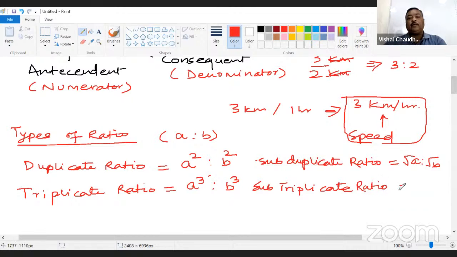And what is subtriplicate ratio? It is cube root of A is to cube root of B. Clear? Understand one thing.